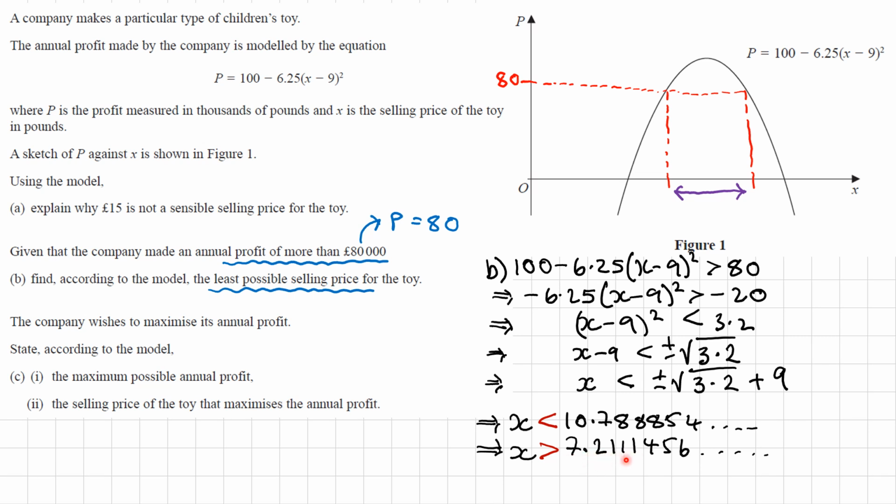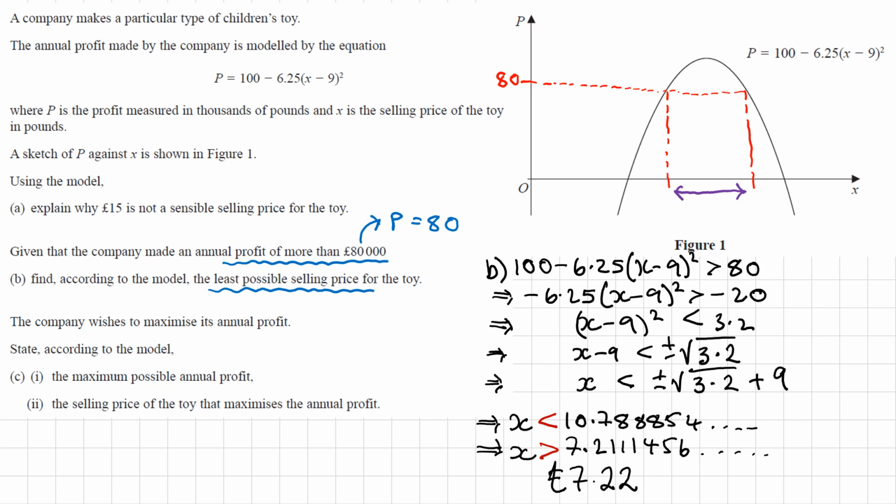Now this to the nearest penny would be £7.21, but that would give me a profit of 80,000, because it's that lower value there. I want more than 80,000, so my selling price should be £7.22.